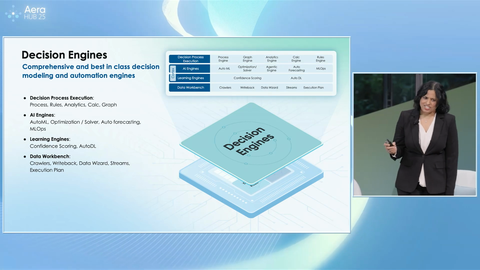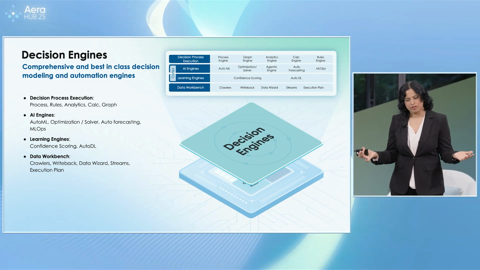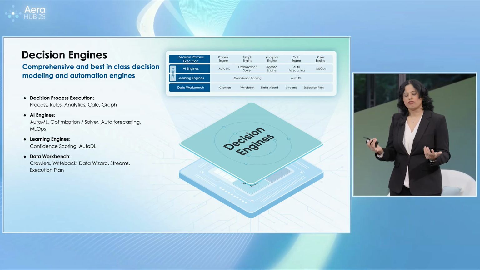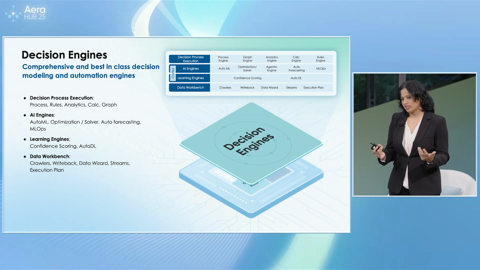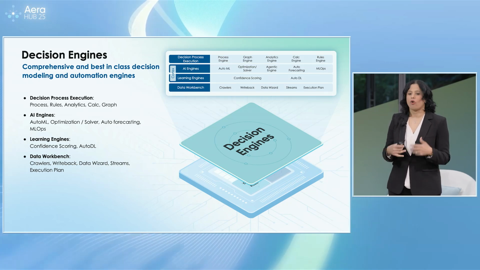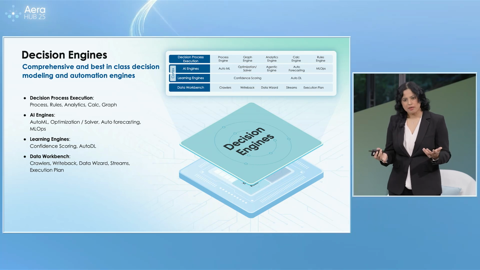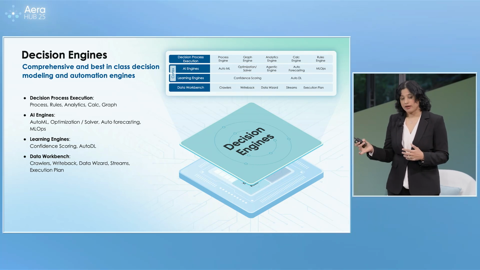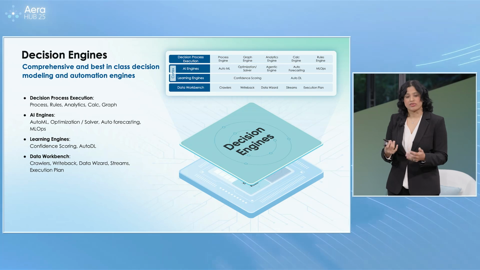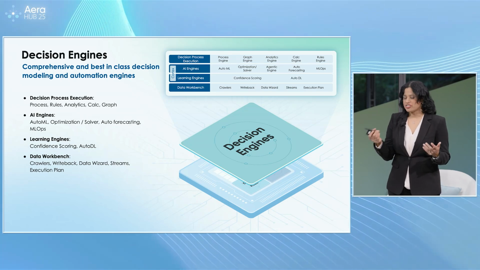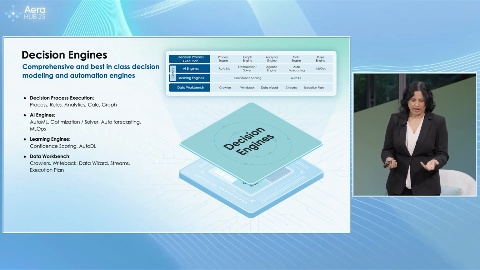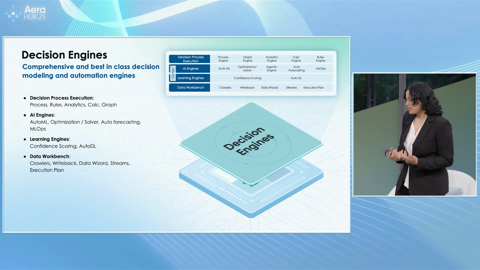So that's the foundation. Then we have the decision engine. This is really the computational layer of the platform. It has all the powerful engines that drive the reasoning and all of the calculations that are required for decisions. So it analyzes what's happening, it forecasts what's ahead, it simulates the outcome of different scenarios, it generates the right recommendation, and it can also take action if the business allows.